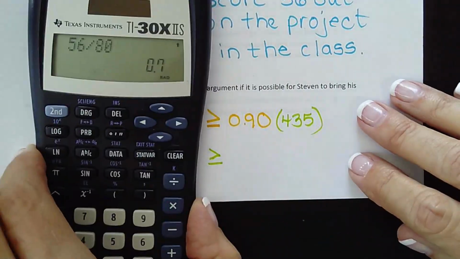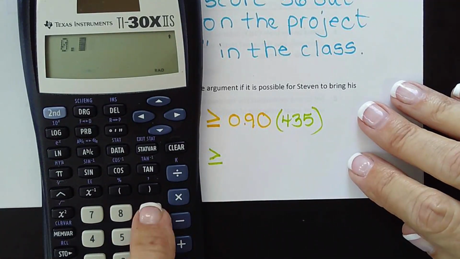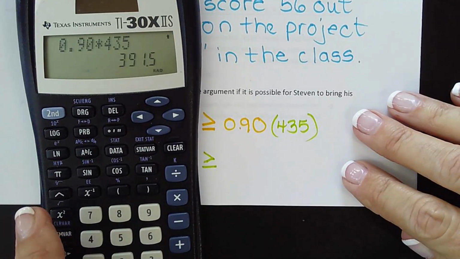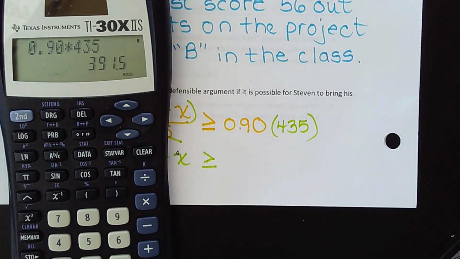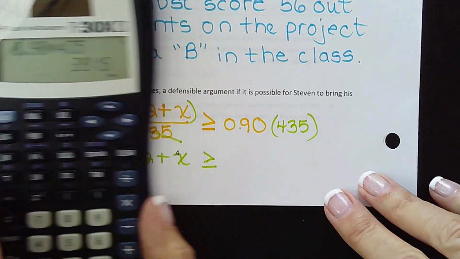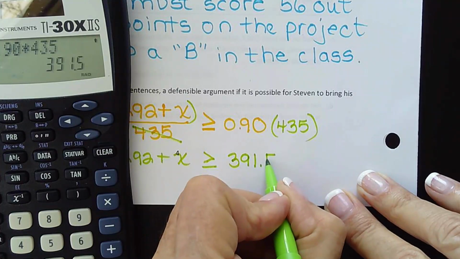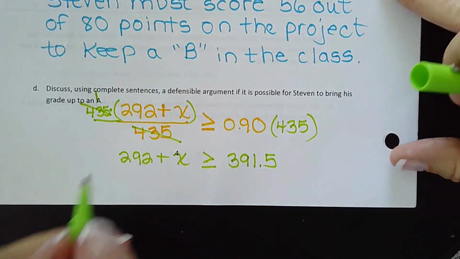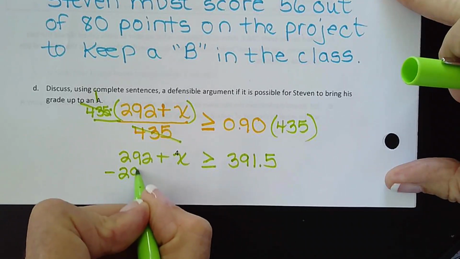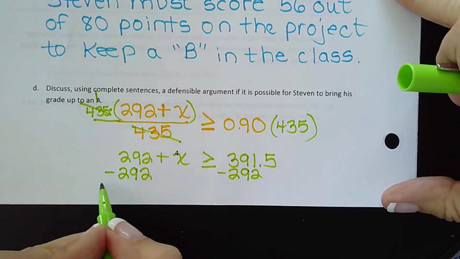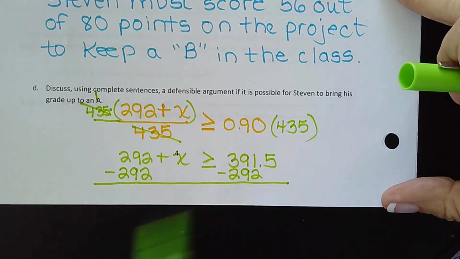We want to know how many points he must get out of 80 to get an A. So 0.90 times 435, 391.5. And then solve it just like we did before. Minus 292, subtract 292 in order to bring all your constants over to the right.